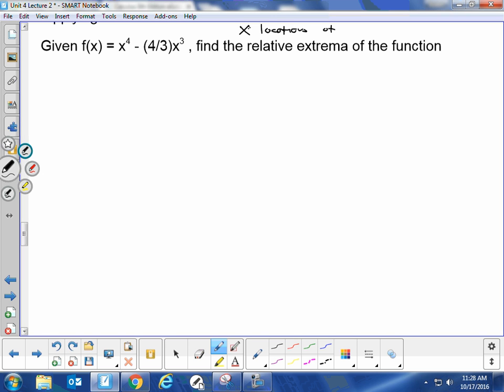And then you can do a general sketch. Three times 4/3 would just be 4, and then this would be x squared.